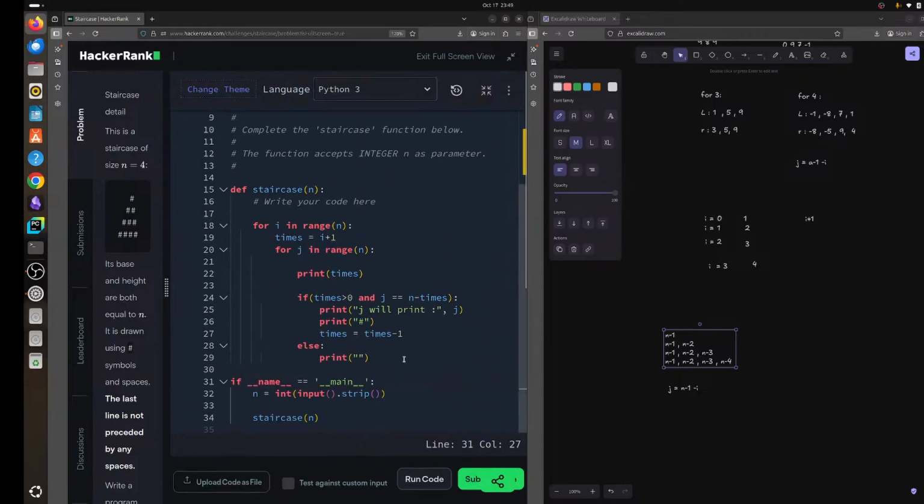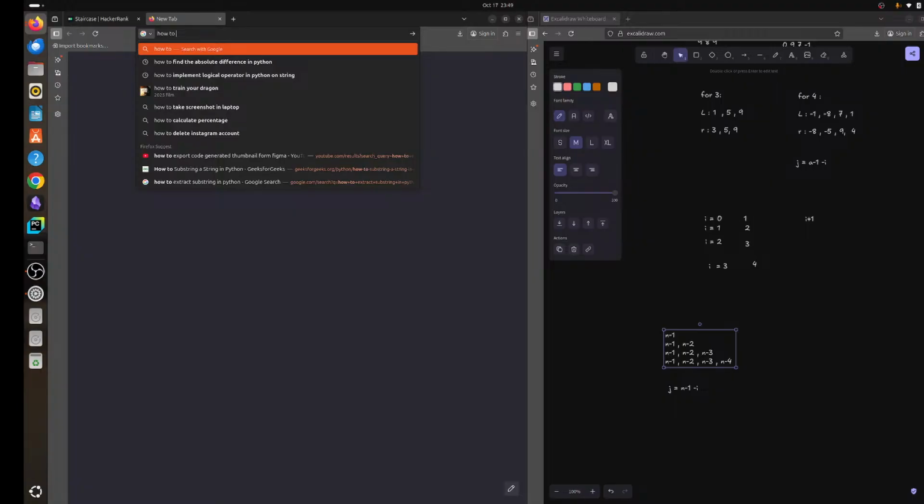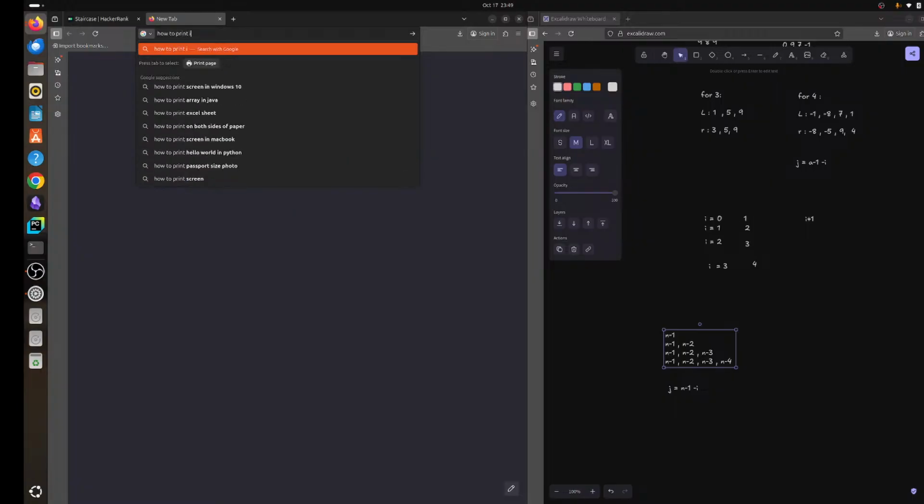Next line, no, this will print in the, how to print things in the same line? How to print in the same line in Python.